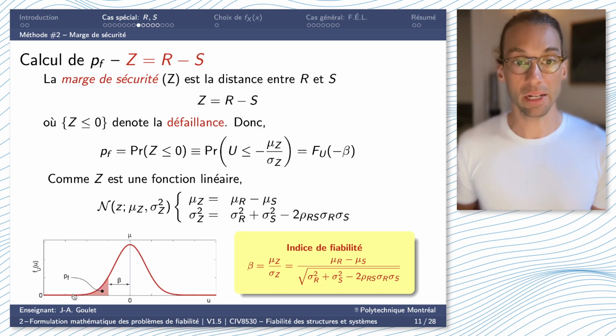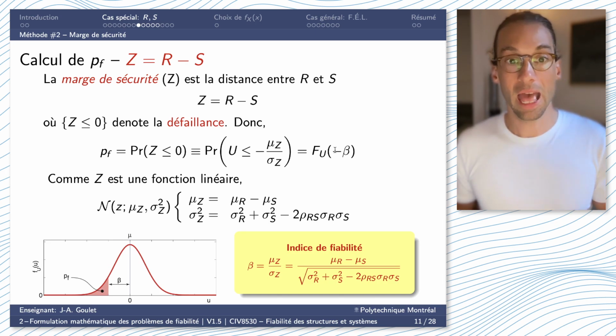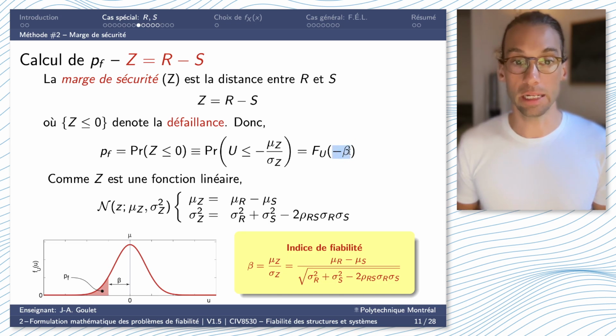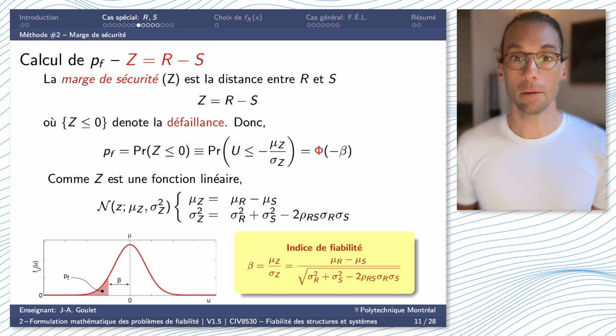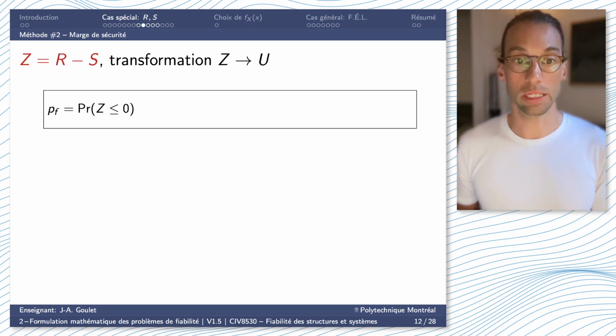So I can directly evaluate my probability of failure as this area under the curve. Since I know that I'm in a standard normal space, I can directly go from beta to PF by evaluating the standard normal CDF, a Gaussian random variable with mean 0 and standard deviation 1, at the value minus beta. That gives me directly my probability of failure, where capital phi is the standard notation for the standard normal CDF.